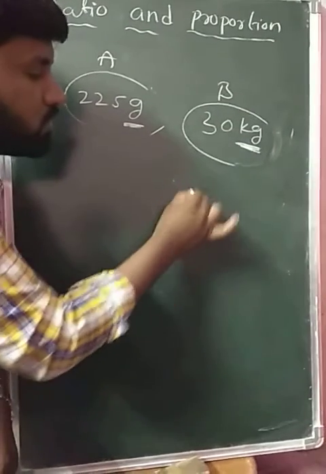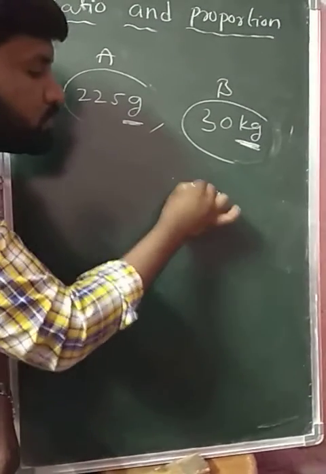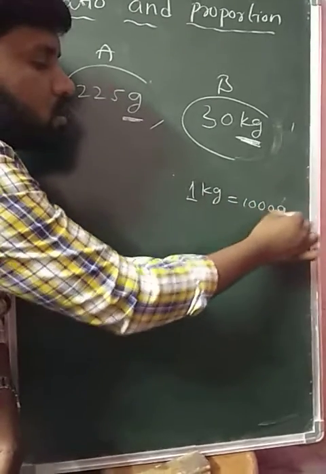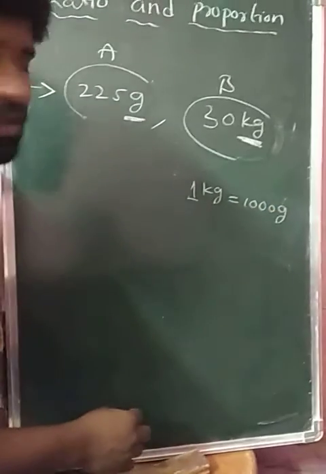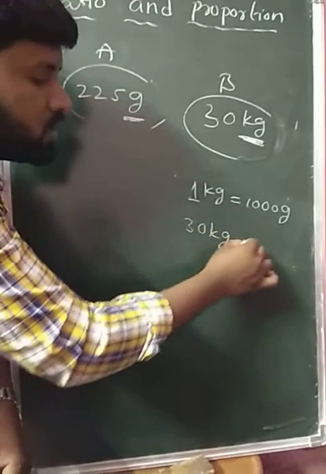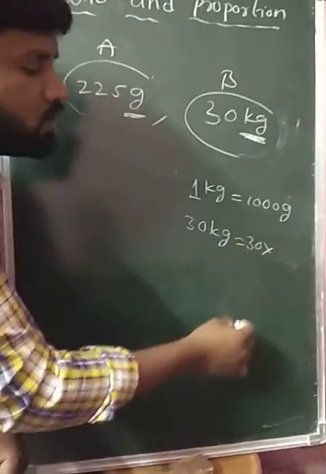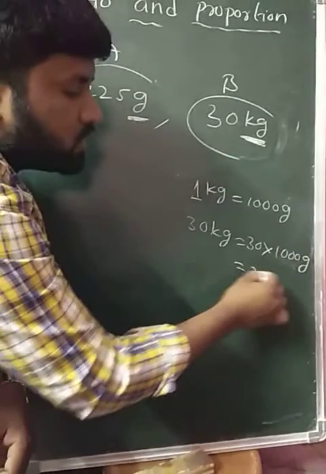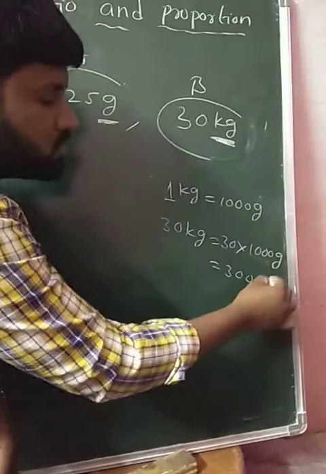We know that 1 kg is equal to 1000 grams. Now 30 kg is 30 into 1000 grams, that is 30,000 grams.